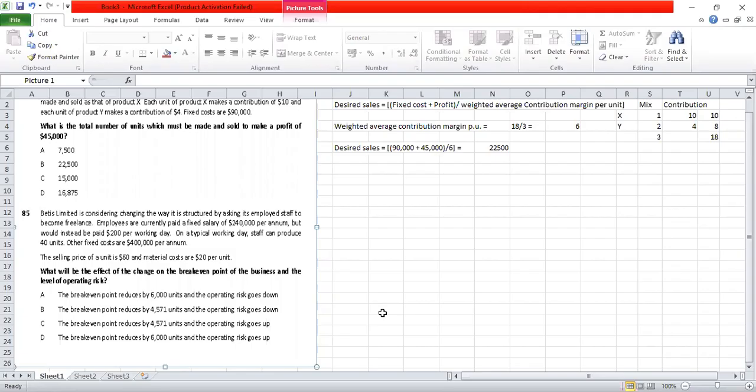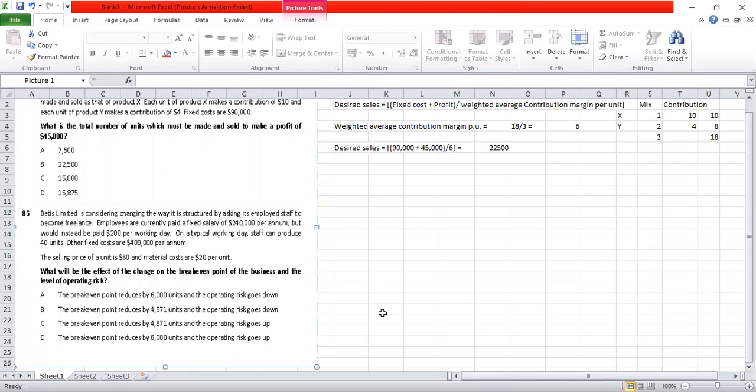On a typical working day, staff can produce 40 units. Other fixed costs are 400,000 per annum. The selling price of a unit is $60 and material costs are $20. What will be the effect of the change on the break-even point of the business and the level of operating risk?